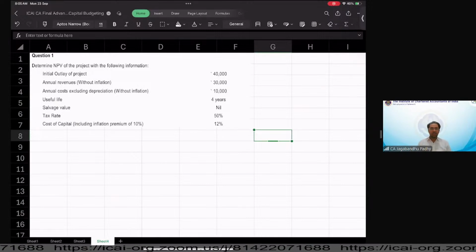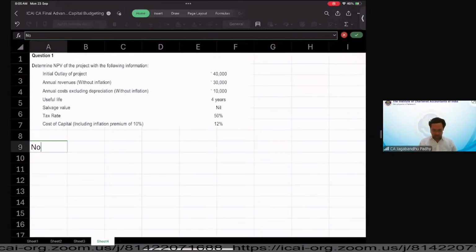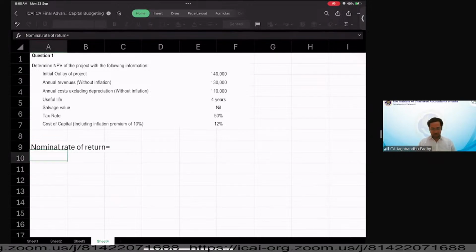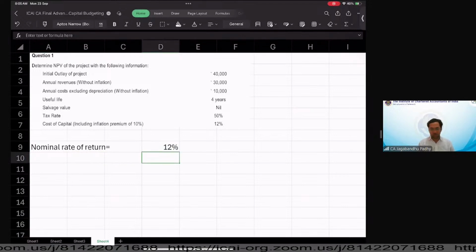Tell me. Because they say it is including the inflation premium of 10%. So obviously 12% is the nominal rate of return. So you can say nominal rate of return is 12%, right?